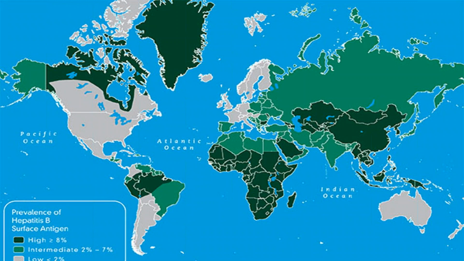I guess the thing that this graph doesn't show, with Australia having a low prevalence, is that our Aboriginal population does have a high prevalence of hepatitis B. Certainly Aboriginal people older than 20 years of age have a prevalence similar to that in high prevalence countries.